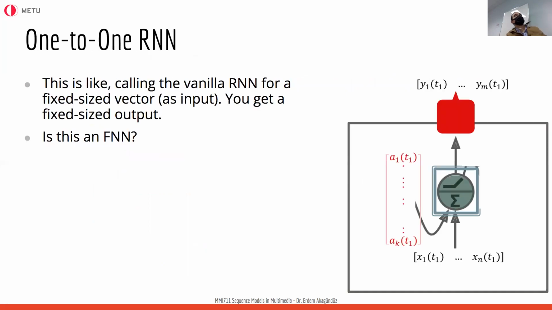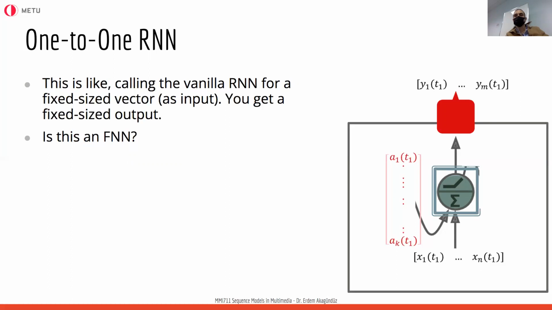Okay, so one-to-one. One-to-one is like calling the vanilla RNN only once, guys. At first, it doesn't make sense. Why would I do such a thing? It doesn't look like an FNN. Why am I not using an FNN?